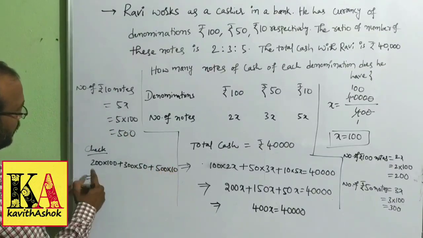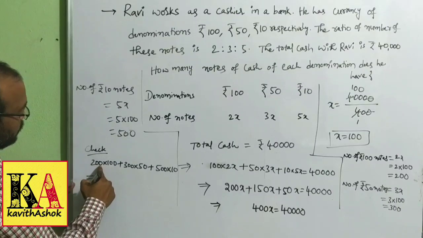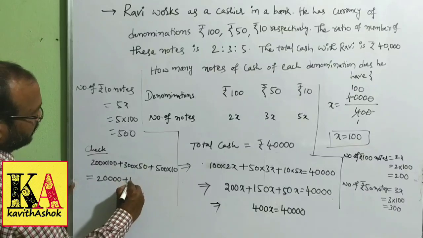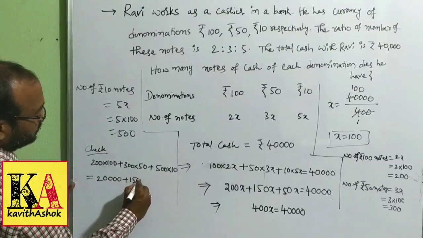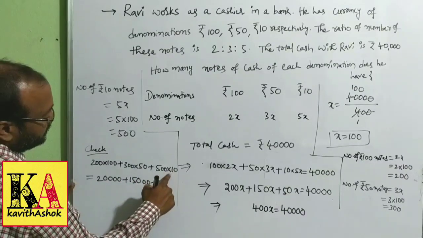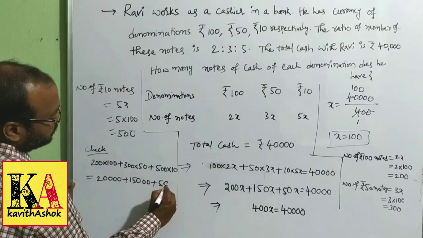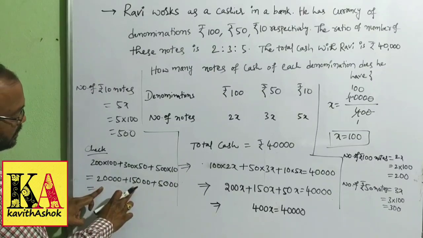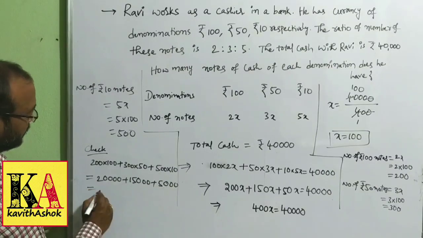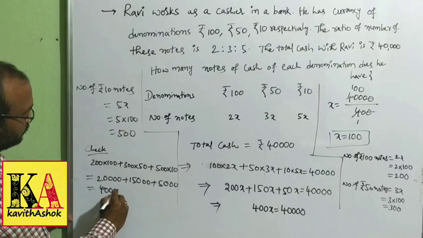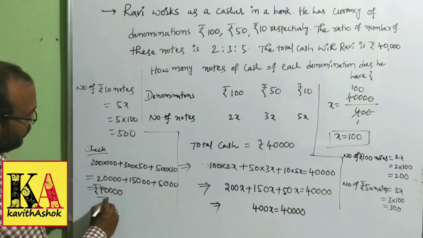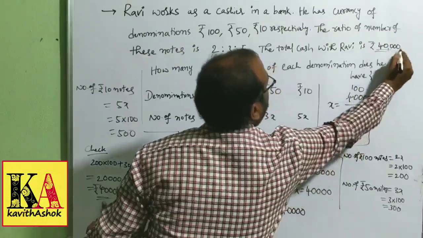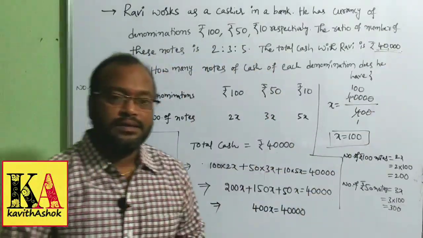Just calculate this. 2 ones are 2, 4 zeros. 3 fives are 15, 3 zeros. 5 ones are 5, 3 zeros. So now 20,000 plus 15,000, 35,000, 35,000 plus 5,000, 40,000. So the total amount will be 40,000. Once look at here. He has 40,000 rupees. So like this, we can calculate the answer.